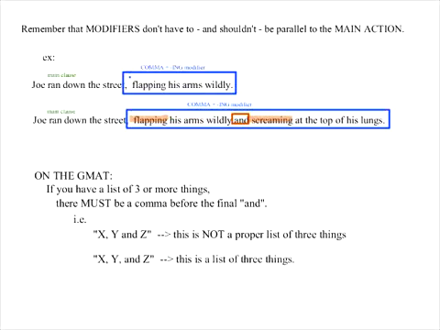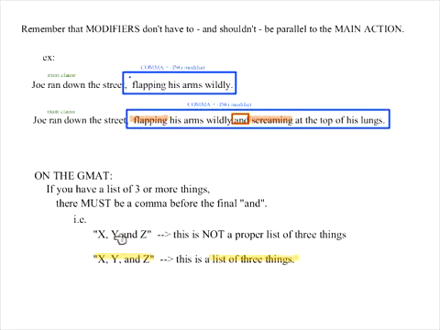On the other hand, this is how you make lists of 3. X, comma, y, comma, and z. Okay, this is how the GMAT always will do it. This is one of those things that's not universal throughout the English language. So it's extremely important that you know the GMAT does it this way. But British usage does this.